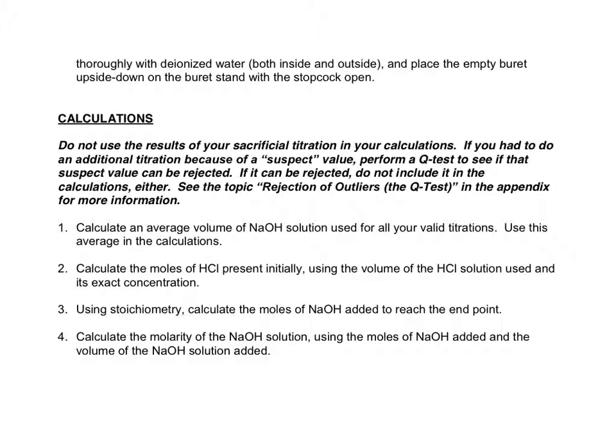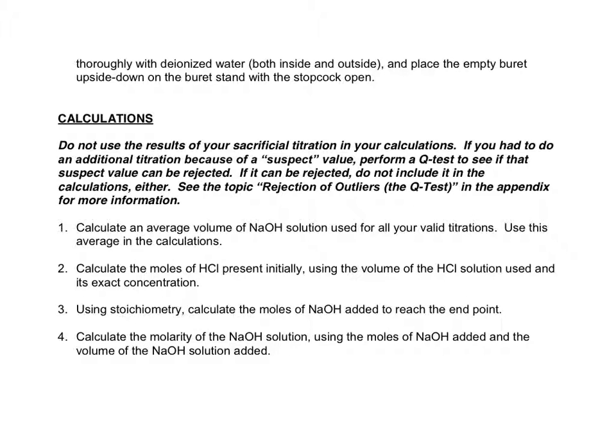Calculation 2 is to calculate the moles of HCl present, using the volume 10.00 milliliter and the molarity 0.9001 molar. Calculation 3: now that you have the moles of HCl from calculation 2, use stoichiometry. It's really boring, one-to-one. Use the one-to-one stoichiometry to get to the moles of NaOH.